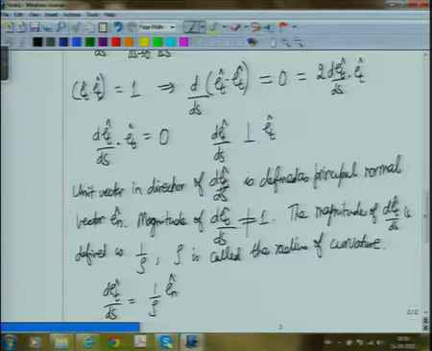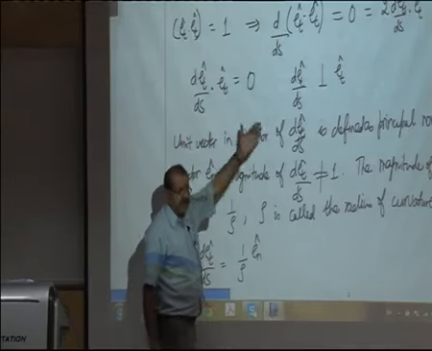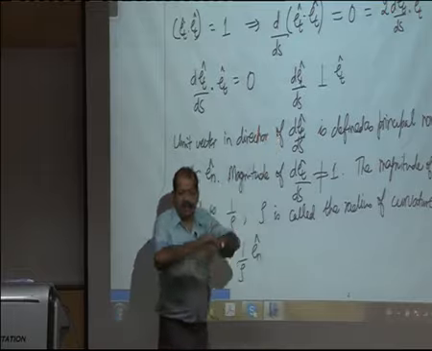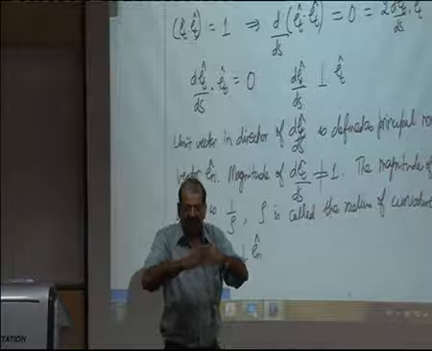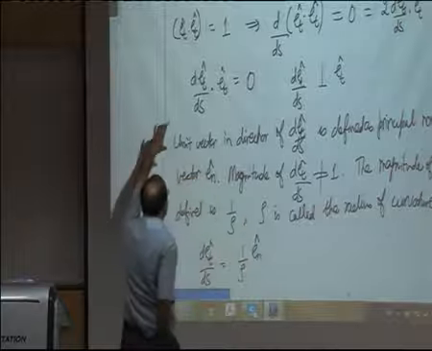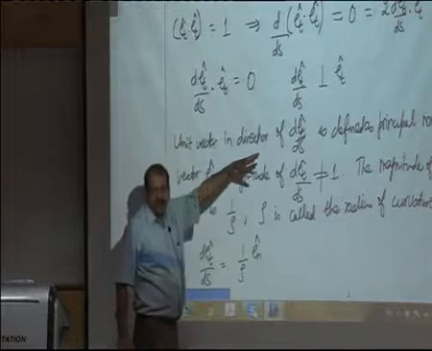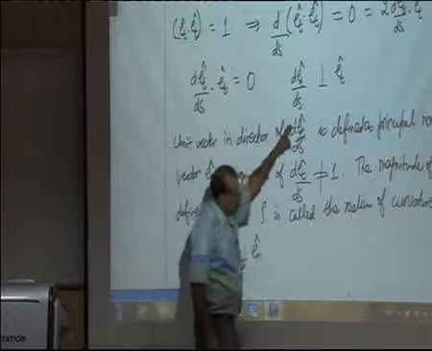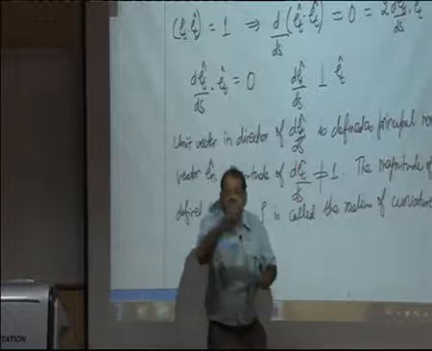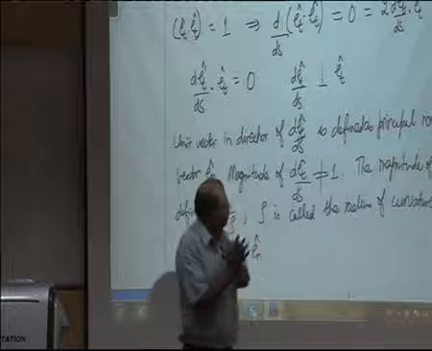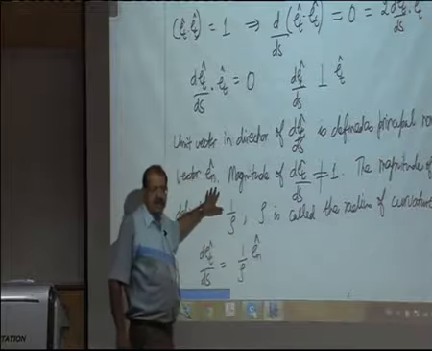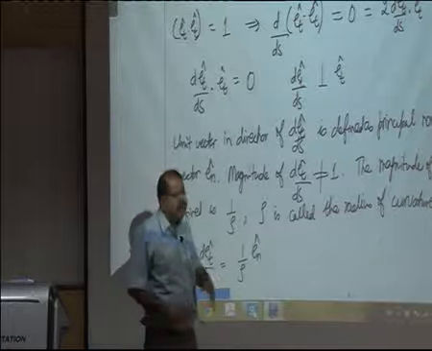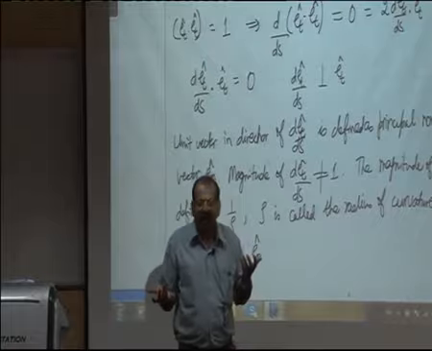From the fact that det by ds is perpendicular to Et, there can be infinitely many perpendicular directions to Et. We choose the one which is parallel to det by ds, and a unit vector along that we define as the principal normal vector En. Now, the magnitude of det by ds will not be 1 in general.